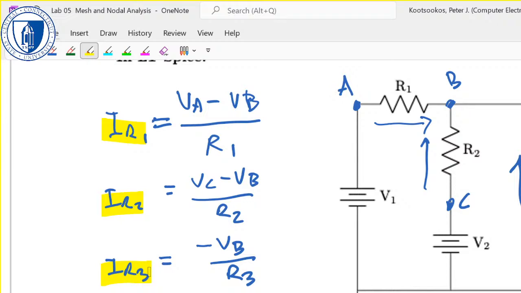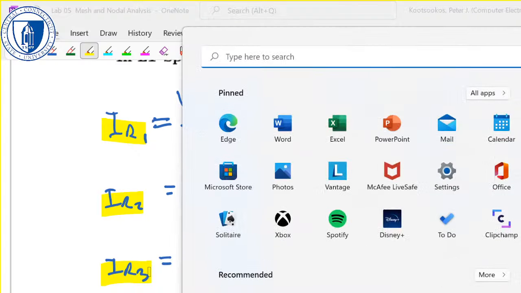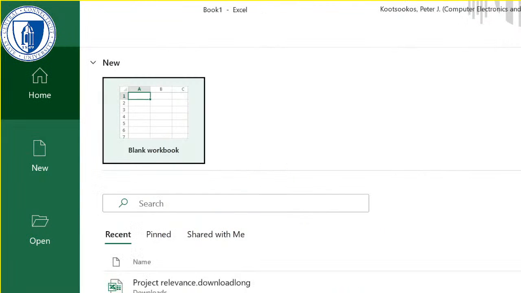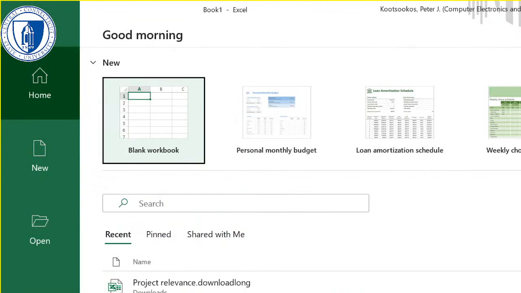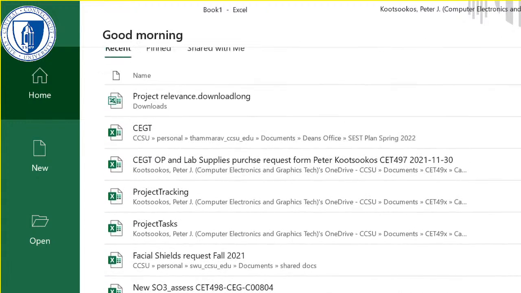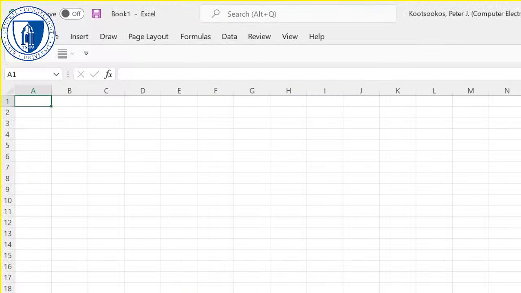Yeah? So for the lab report, do you want us to do the work out and scan it in for the lab? Yes, please. Yeah, that's easy. You should be able to. I'm just going to do a new blank worksheet.